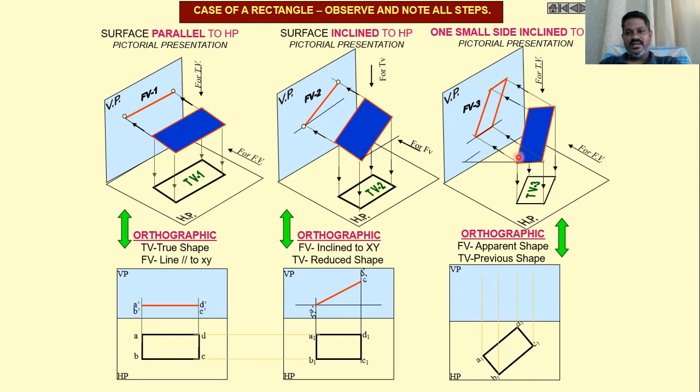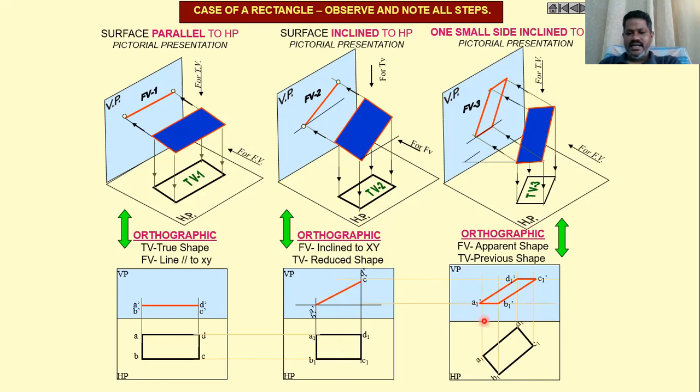So both the cases we are considering here. The surface is making some angle with HP, as well as the small edge is making some angle with VP. In this case, the top view is similar to the previous case, but the front view is the apparent shape. So now project all these points to the top, A dash.